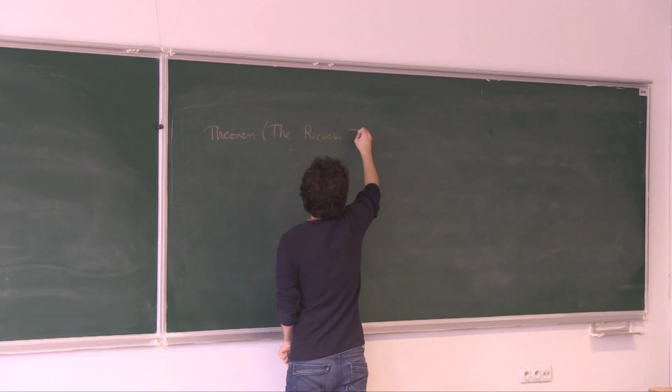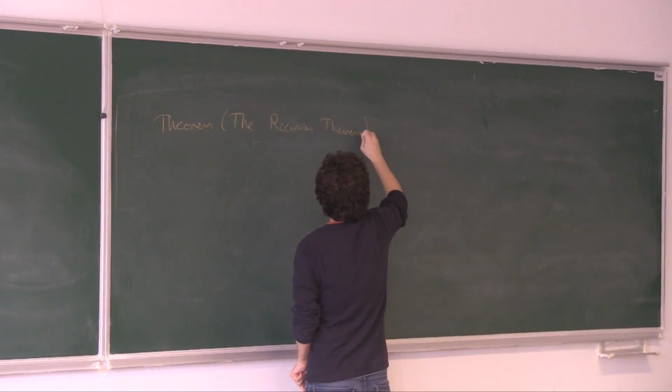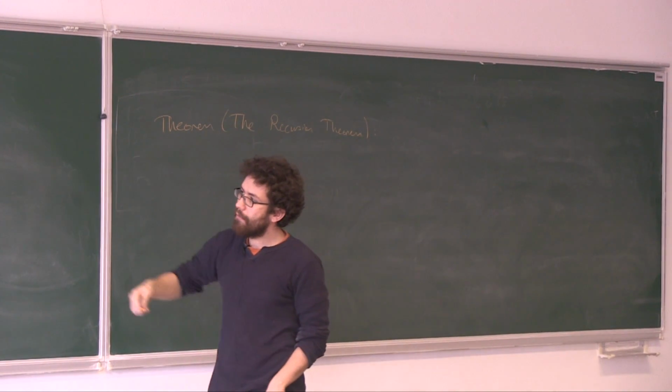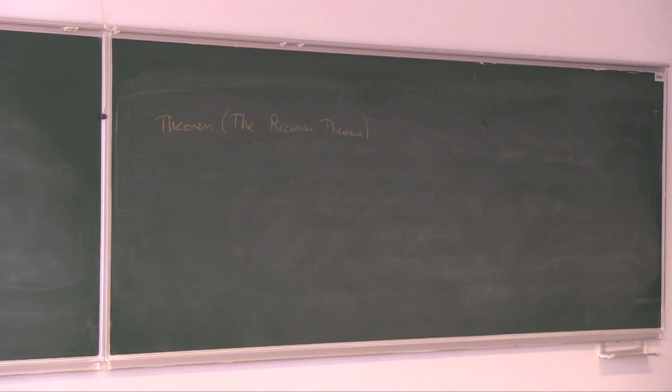The recursion theorem. Now, the point of the recursion theorem is the following. What's one of the objectives of this course? To show you how certain mathematical practices are actually formalized and justified. In practice, we use these kinds of definitions a lot, okay?